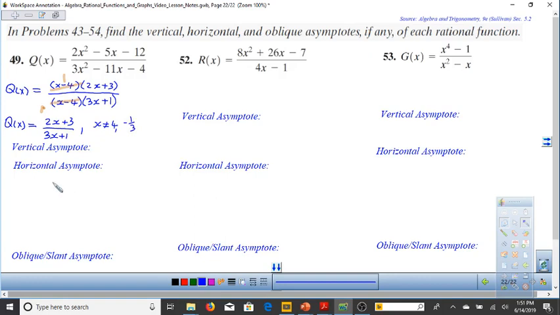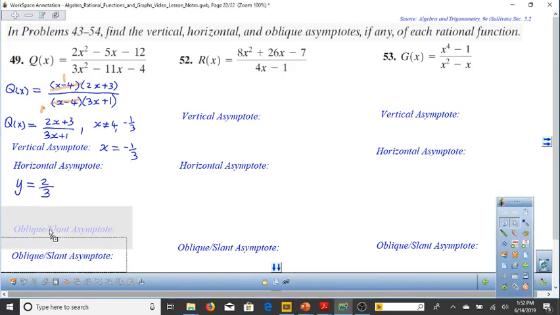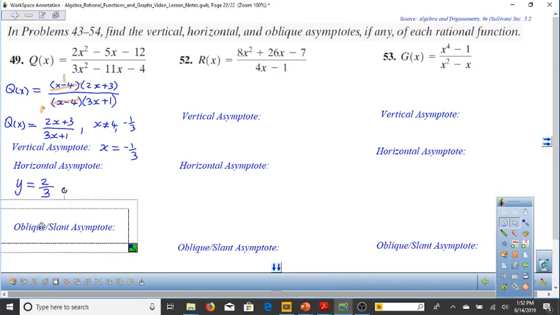And therein we get our vertical asymptote: the bottom part that is left that wasn't cancelled. So the vertical asymptote is x equal to negative 1/3. Now again, since the degree of the top is equal to the degree of the bottom, the horizontal asymptote is y equals the leading coefficient divided by the leading coefficient. And again, since there is a horizontal asymptote, there is no oblique asymptote.